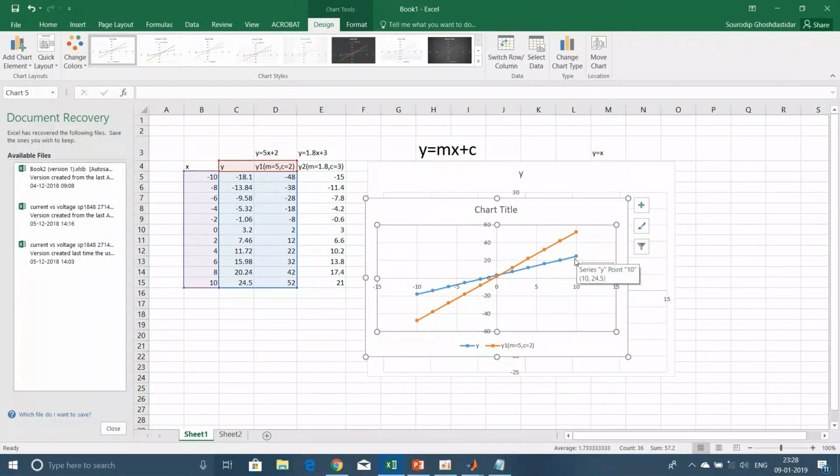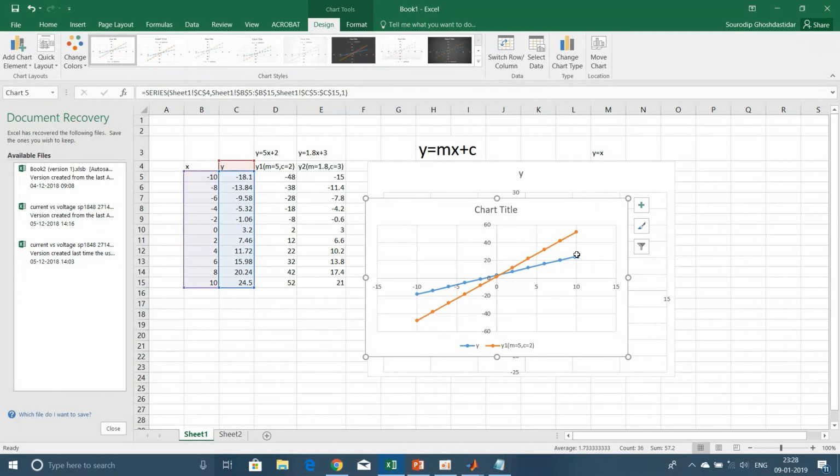So you can see 10 comma 24.5, and the predicted data from y is equal to 5x plus 2 is 10 comma 52, which means there's a difference of around 25, which is almost double the value of the experimental data, which is in blue.